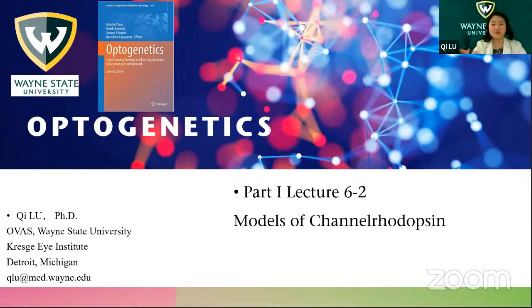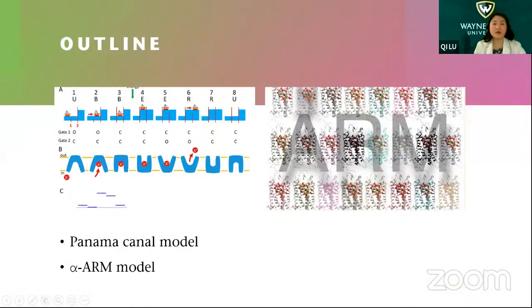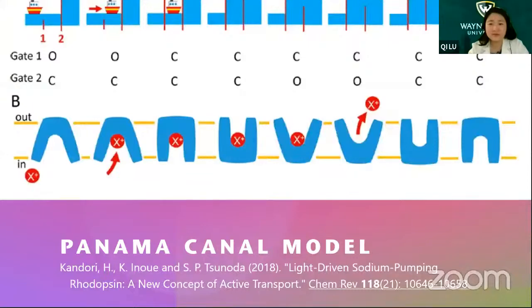The part 1 lecture and the model of chain rhodopsin. We're going to talk about rhodopsin as a functional model. It's called the Panama Canal model. And the second part is our ARM model, which I mentioned is close to the tax return software.